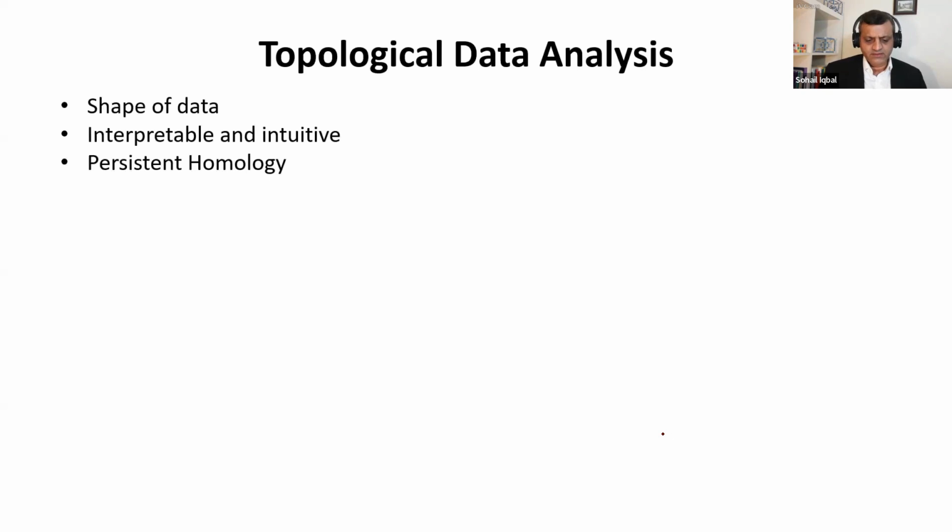Apart from their success, these techniques are very interpretable and intuitive compared to other machine learning techniques. There are many techniques in this area, but today I'll focus on persistent homology, which is one of the main techniques in topological data analysis.